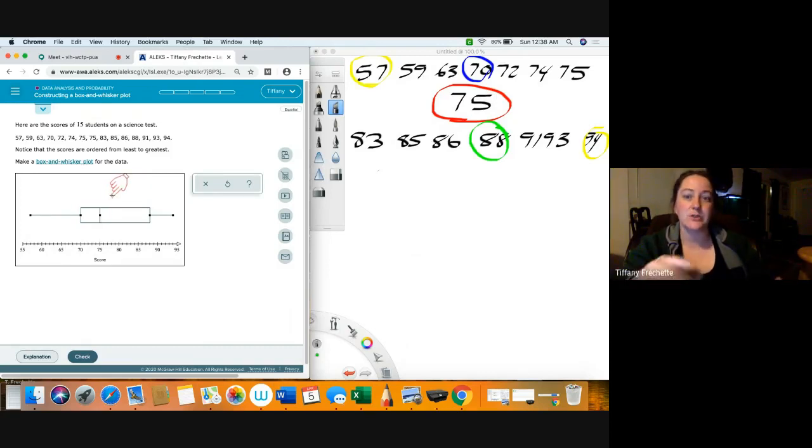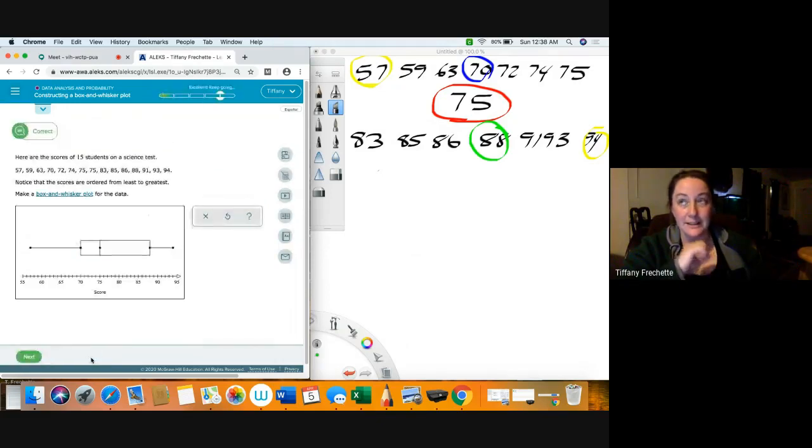There's 7 numbers for the first one and 7 numbers for the second one. There's the same number of numbers, but the range, meaning how many numbers are between 75 and 57, how many numbers are between 94 and 83. So it kind of gives us a better idea there of the range and how different the numbers land on this graph. All right, so let's go ahead and click check.